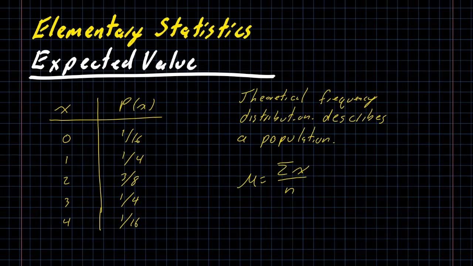And so if we're going to talk about a population, we will talk about some of the population characteristics, like the mean, which you can get by adding up all the scores and dividing by n.